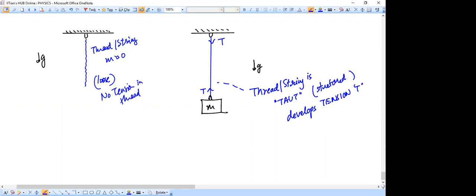So you can see that on the block, there are two forces acting. One is vertically the tension that the thread is applying on it, and the other is its weight. So the tension balances the weight of the block.